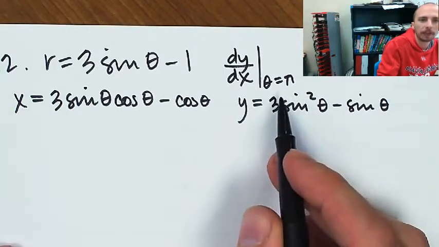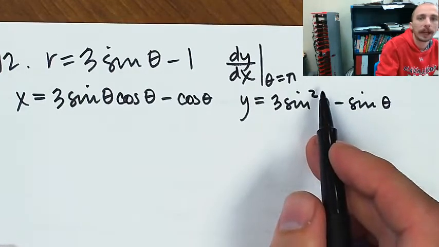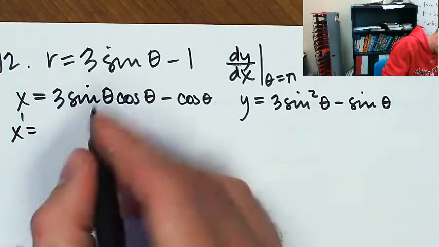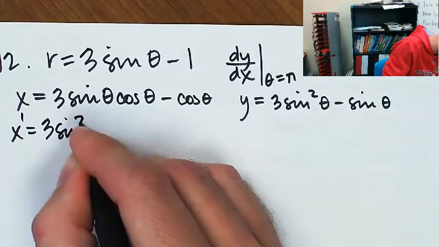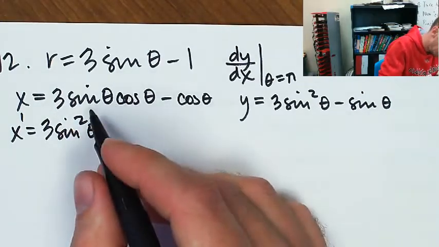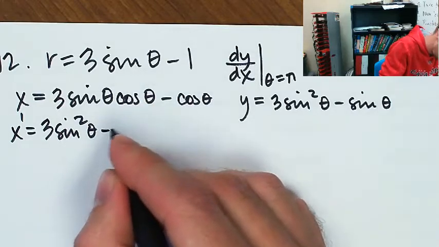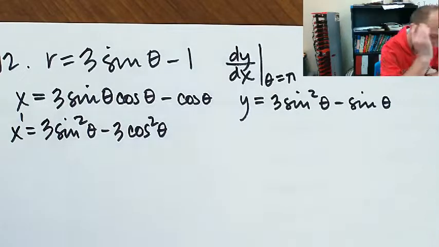I'm thinking of this as sine theta with parentheses around it and a square on the outside of the parentheses. So x prime is, take the derivative of that, leave it the same, 3 and 2 powers of sine. Then take the derivative of cosine and leave sine the same, that'll be minus 3 cosine squared.